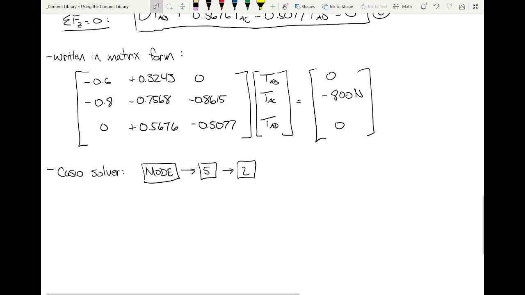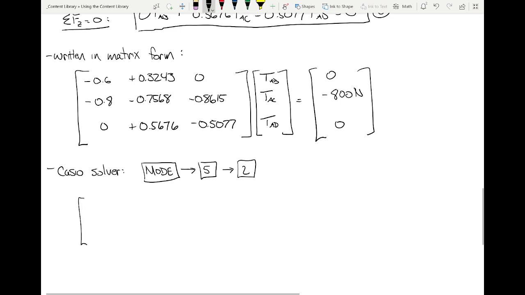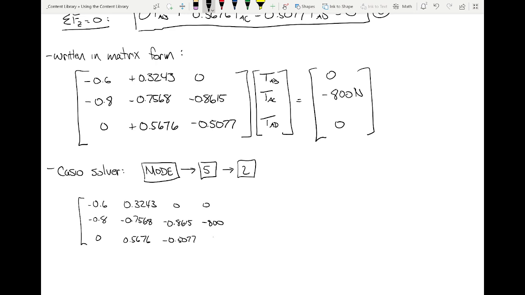So the way the Casio expects it... And then what that should yield is X, Y, and Z.